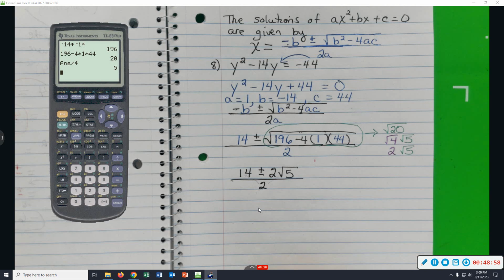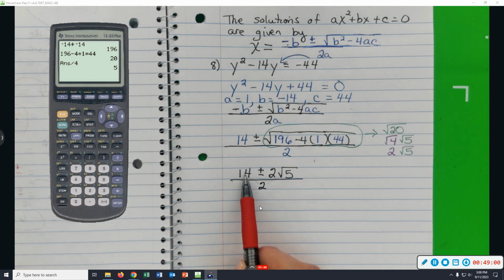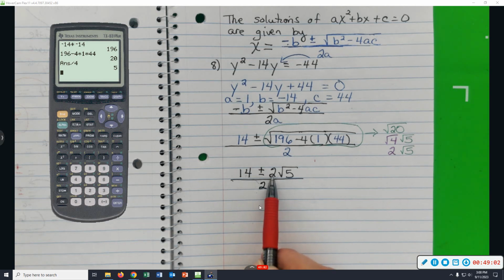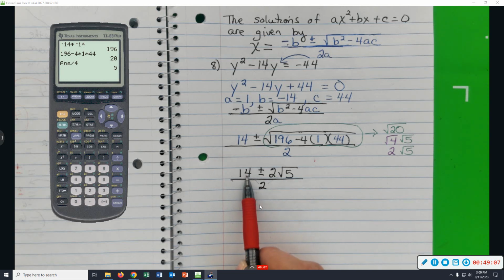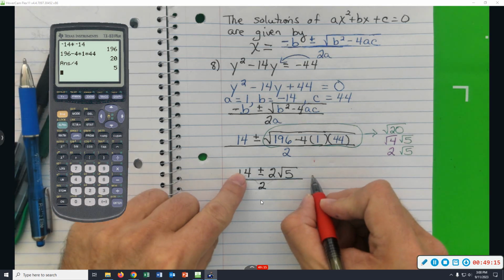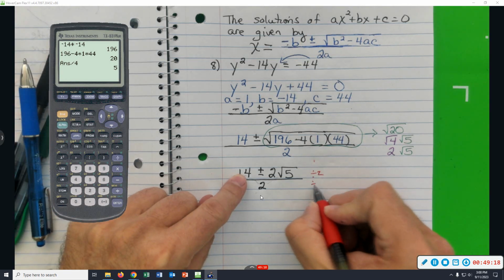But what we can do, another way you could simplify these, is look at the 3 numbers that aren't under the square root. Don't look at the 5. What number other than 1 divides into all 3 of these numbers? 2. So you could divide each of those numbers on top and bottom by 2.